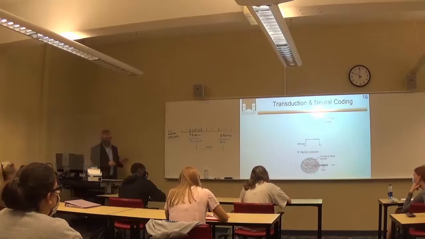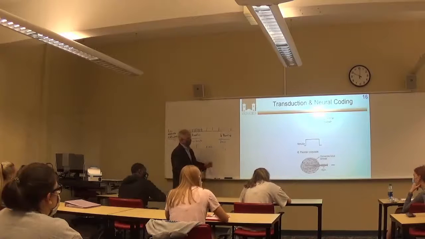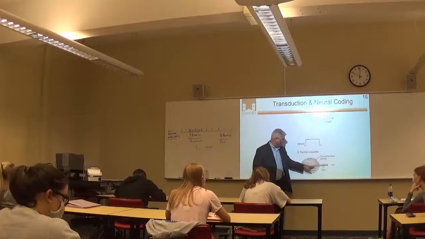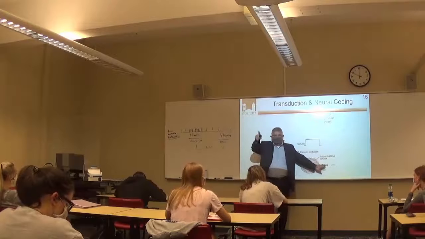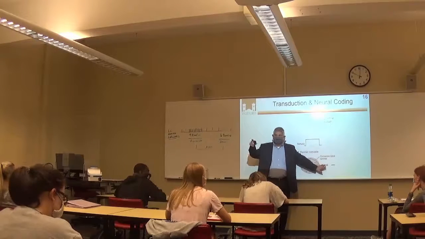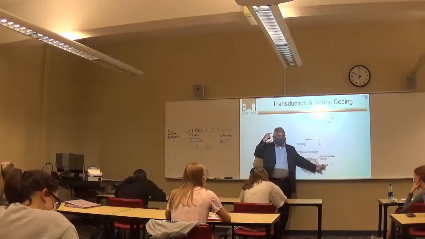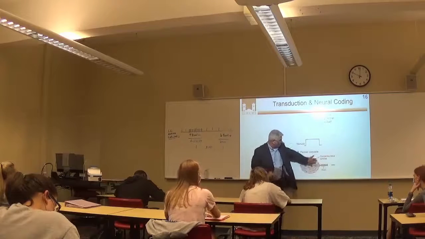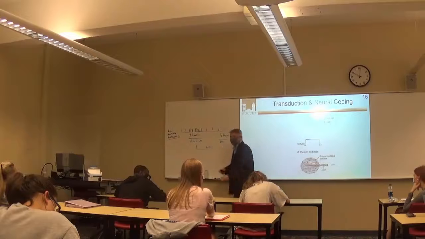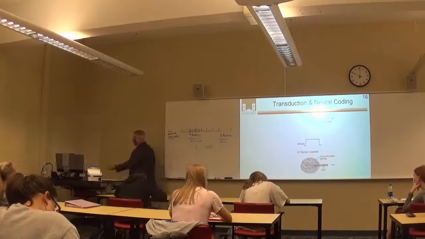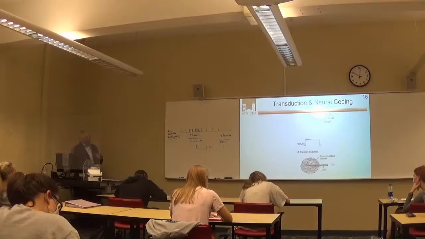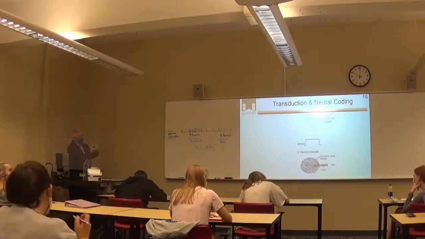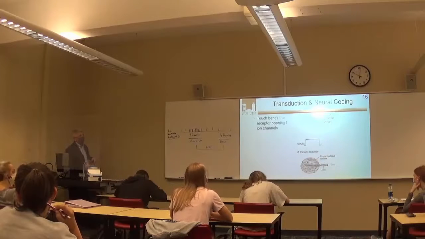So the Pacinian corpuscle has a sensory neuron, a somatosensory neuron. It's going to go to the dorsal root ganglia and go into your spinal cord and go on up to your somatosensory cortex, right? And it has this onion-like structure, layers surrounding it. And so when a stimulus is applied, if I put constant pressure and then remove it, it bends that.